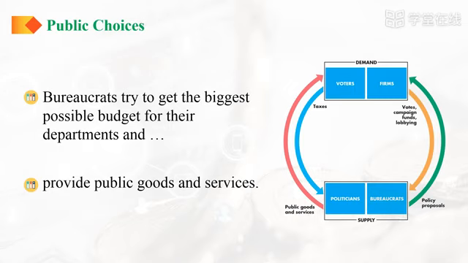Firms also support the politicians whose policy proposals make them better off and express their demand for public goods and services. But firms can't vote. They do make political contributions and engage in lobbying activities.